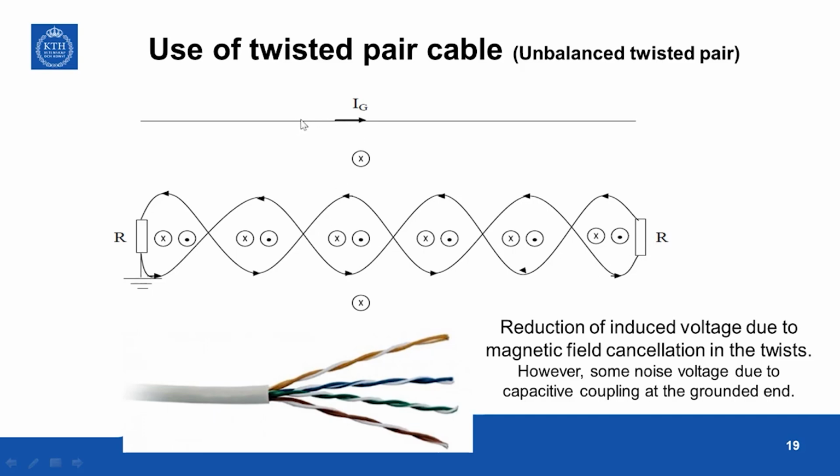Now imagine a current here somewhere far away. That current will create a magnetic flux, going into the plane of the paper all around.